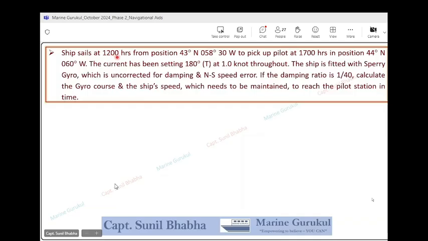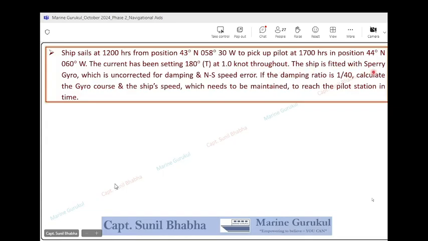Ship sails at 1200 hours from position 43 degrees north, 058 degrees 30 minutes west, to pick up pilot at 1700 hours in position 44 degrees north, 060 degrees west. The current has been setting 180 degrees true at 1.0 knots throughout.